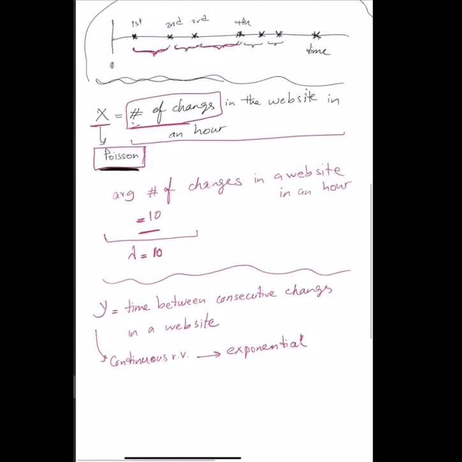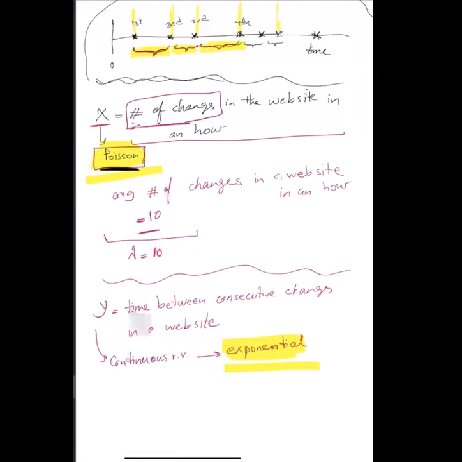That's why I say Poisson and exponential are related to each other, because for every Poisson random variable there is a corresponding exponential random variable, and for every exponential random variable there is a corresponding Poisson random variable. You can always look at either as the number of events that happen in a time frame or the time between these consecutive events.